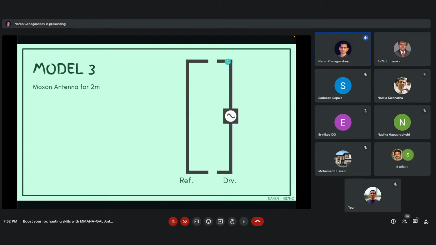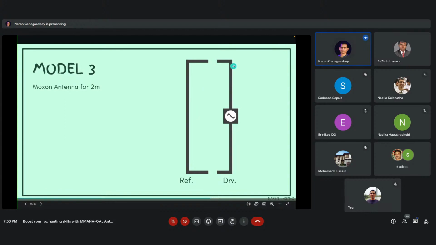It's a 2 meter Moxon. A Moxon is actually similar to a 2-element Yagi, but to make the antenna more compact, the elements are slightly bent inwards at the edges. You can see this is the driven element and the reflector also.